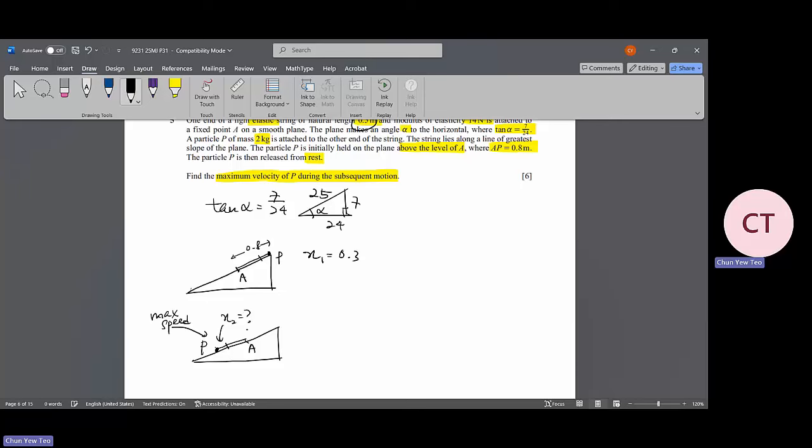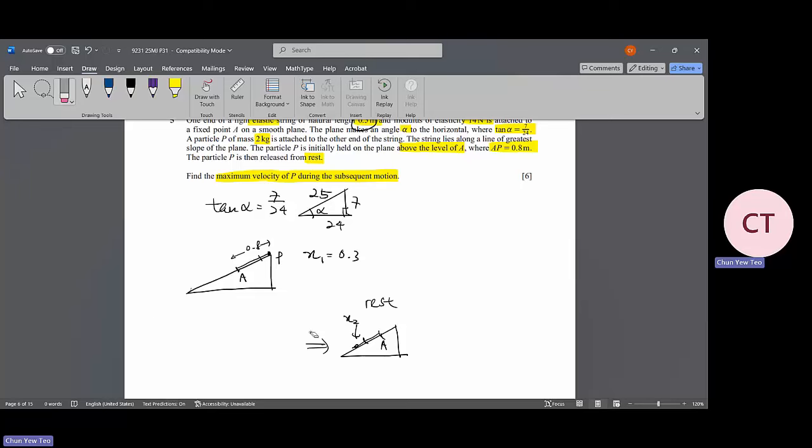You need to find x2. We know that the maximum speed will happen when P is in equilibrium below A, at this point of extension x2. At this point where they are in equilibrium, that will be the case where you have the maximum speed. So this is something you need to be aware of.